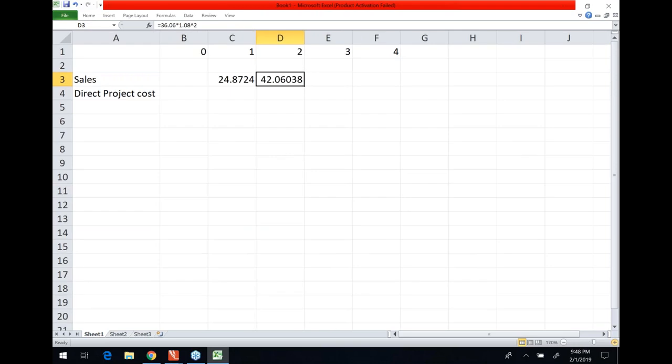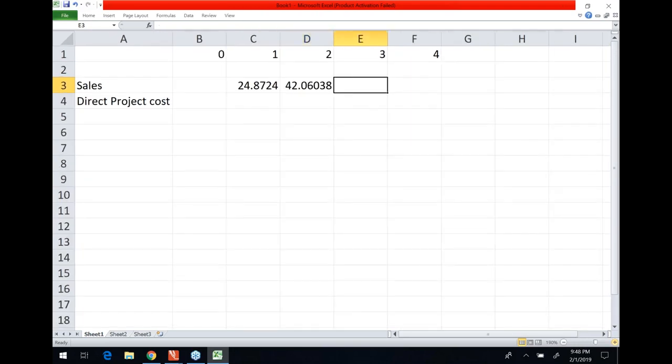Then 49.07 multiplied by 1.08 power 3, and lastly 27.14 multiplied by 1.08 power 4. So this is the sales for time periods 1, 2, 3 and 4.